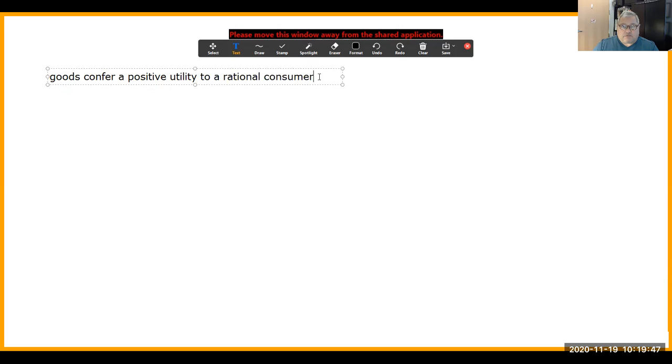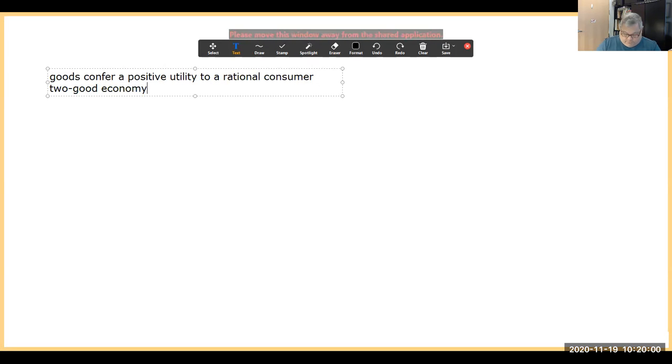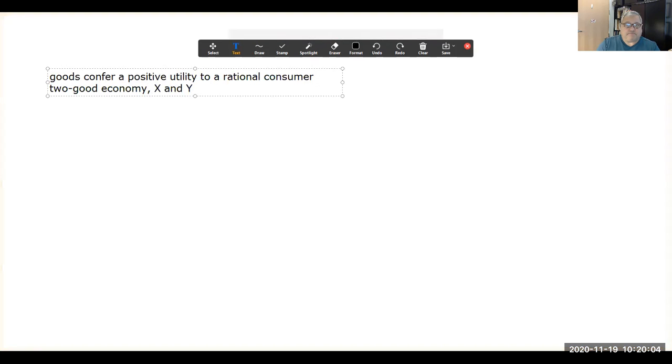We're going to look at a model that makes that assumption. The other one is we're going to look at a 2-good economy. We're going to call these goods X and Y for simplicity.